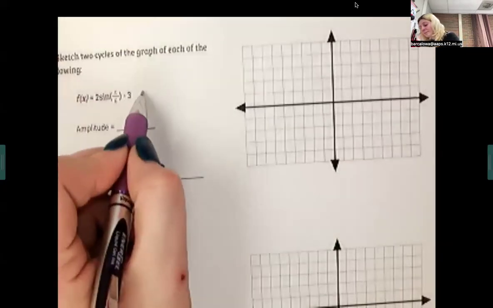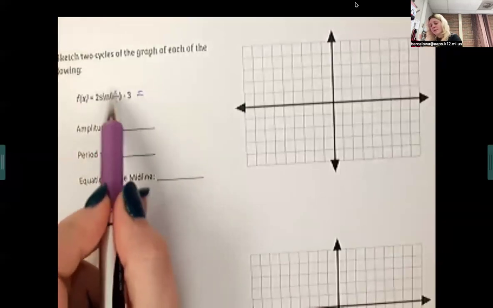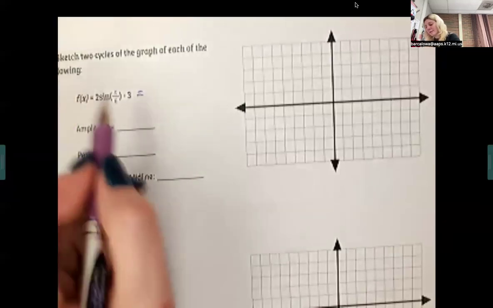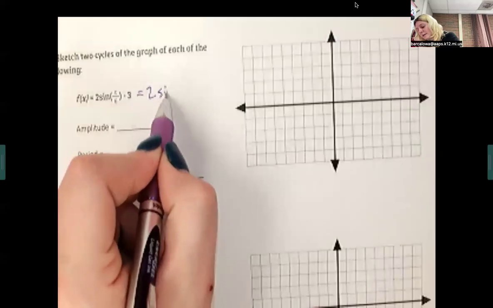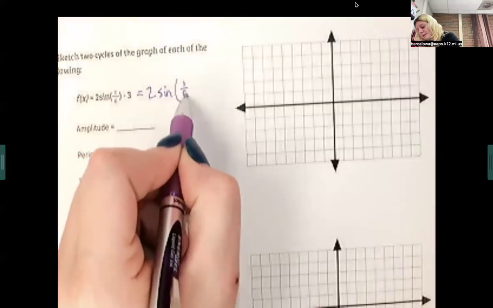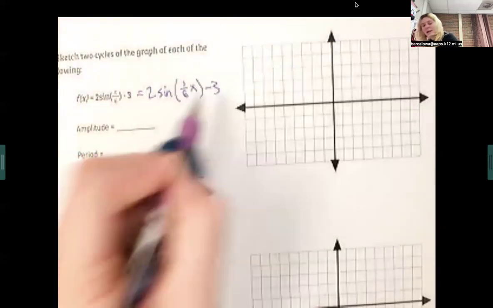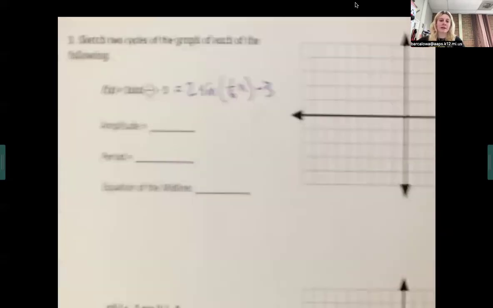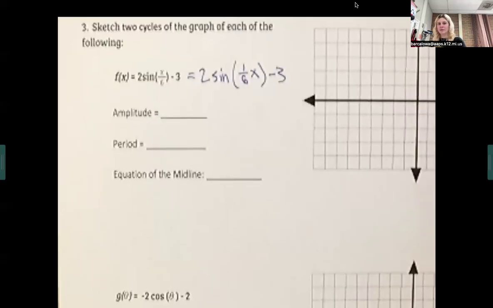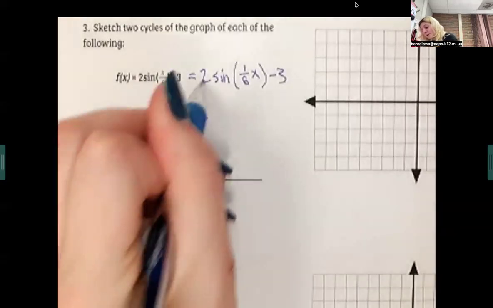Okay. So I'm going to rewrite this, because I see the fraction, so 2 sine 1/6 x minus 3. Again, rewriting it like this just helps me out, right? That helps me see the b value a little clearer, okay? So the amplitude is 2, number in front.